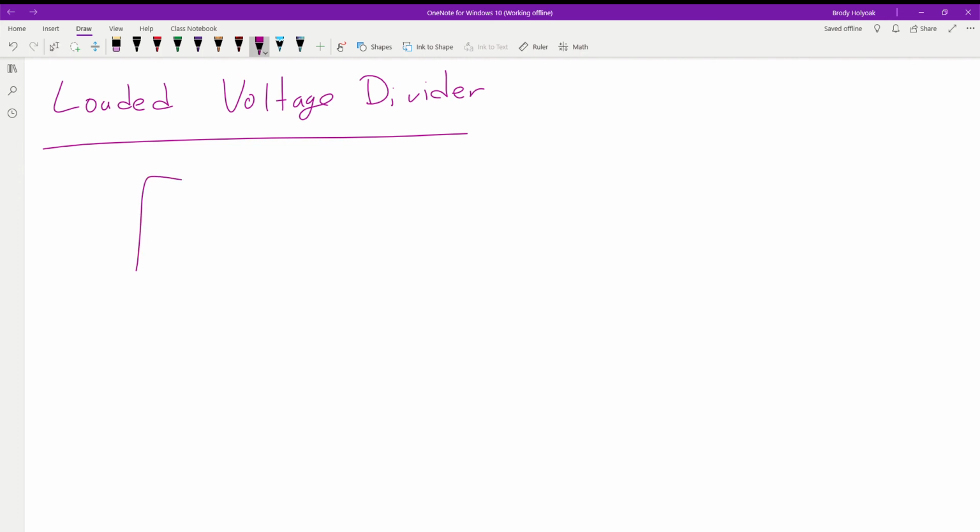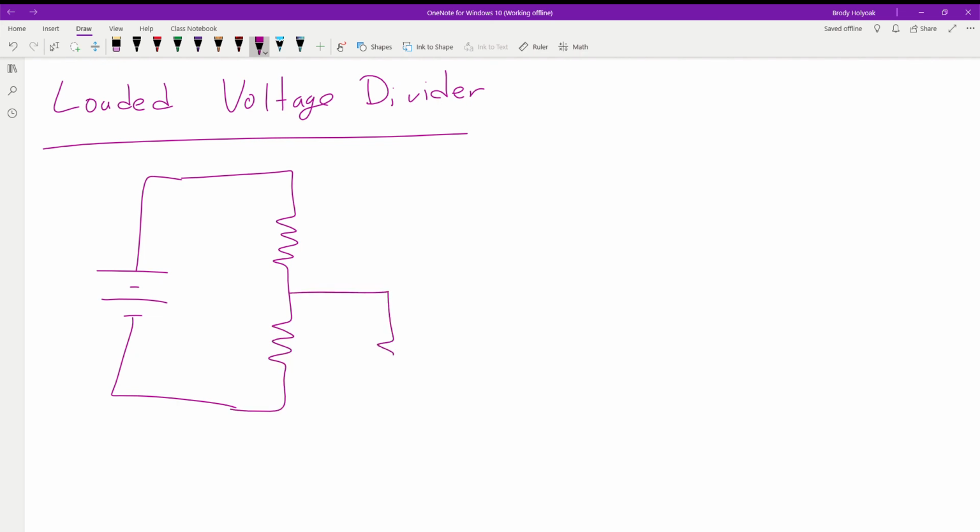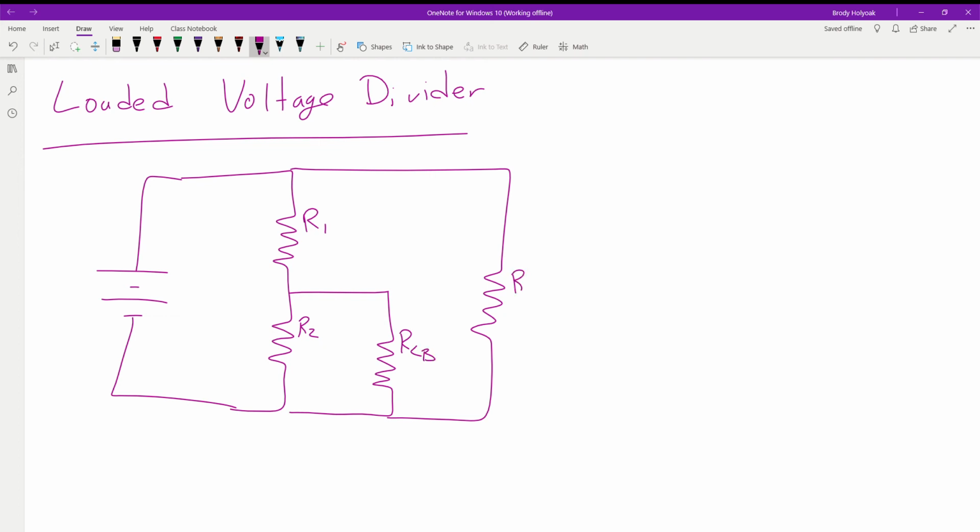So our circuit is going to be as follows. The idea behind this is we're going to design, I apologize, a circuit to accomplish specific tasks.